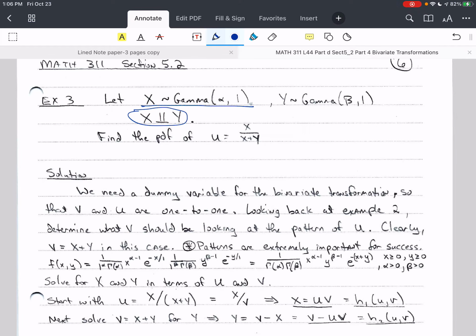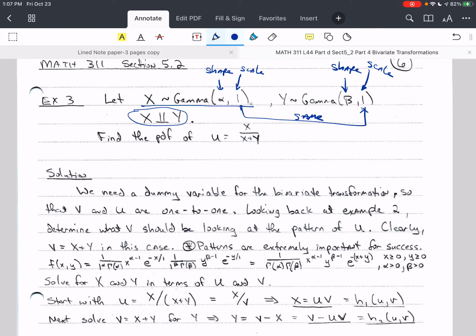X has a gamma distribution with shape parameter alpha, and the scale parameter is 1. And Y has a gamma distribution with shape parameter beta, but the scale parameter is 1. So the scale parameters have to be the same.